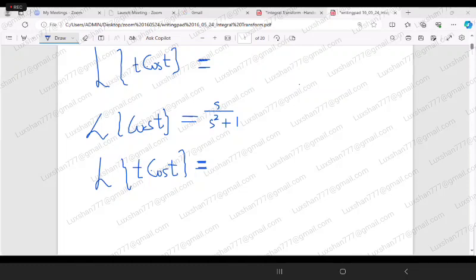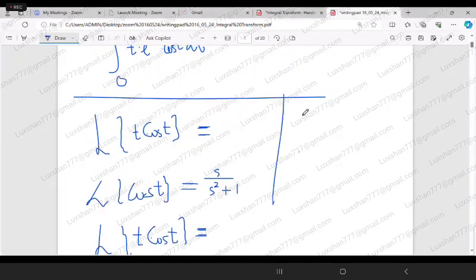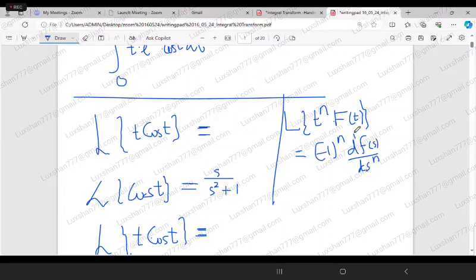So if you have a function like this, the Laplace transform of t to the power n into f(t) is equal to minus 1 to the power n into d^n F(s) over ds^n.